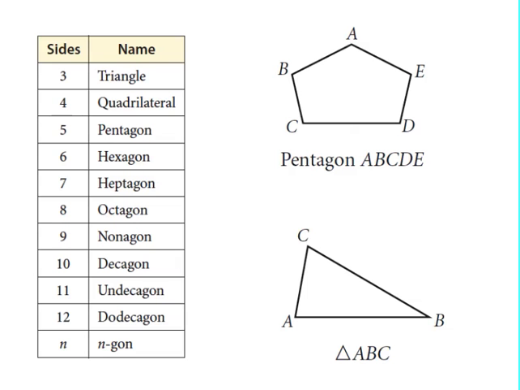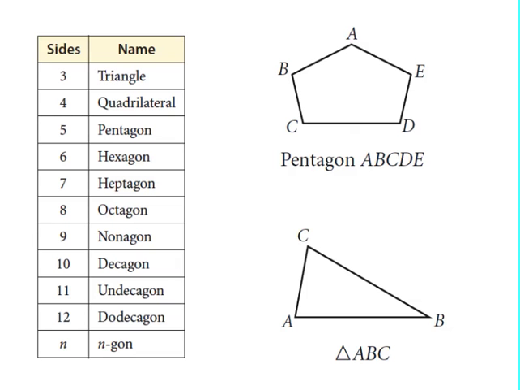Heptagon. Once again, the heptathlon, 7 events. Octagon is 8. Octagon is actually the stop sign. An octopus has 8 legs. Nonagon is 9.